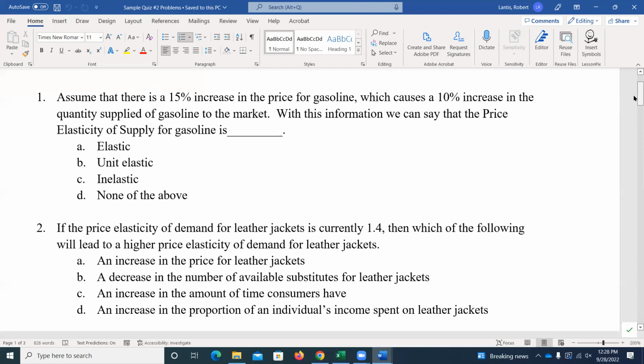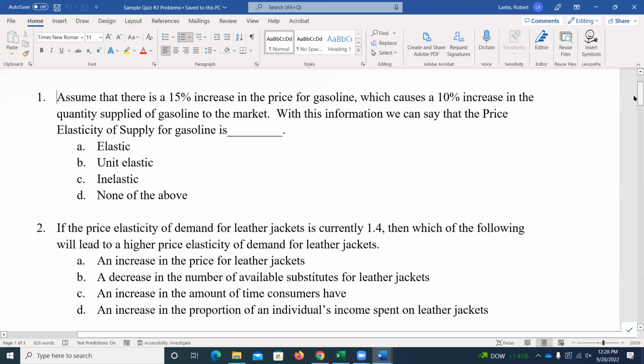Then I'll use those percentages to calculate my elasticity. This ends up being 0.833. So supply would be considered what?